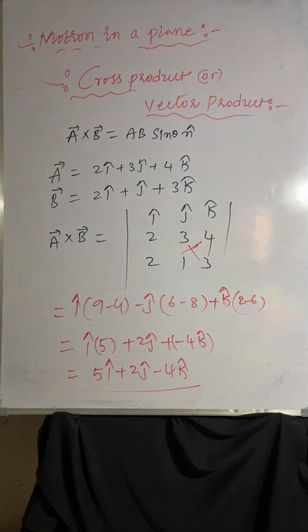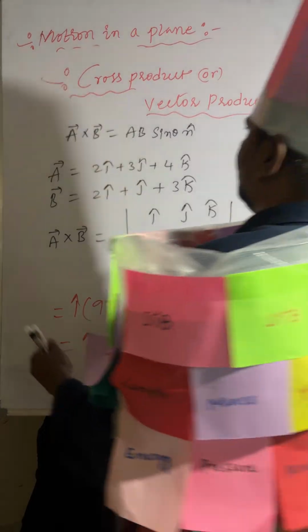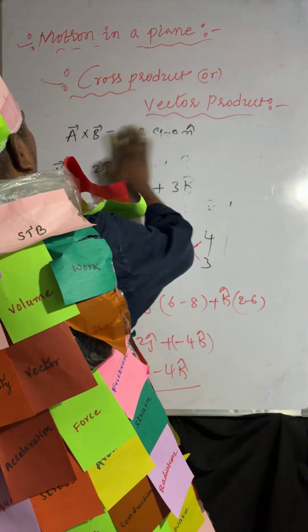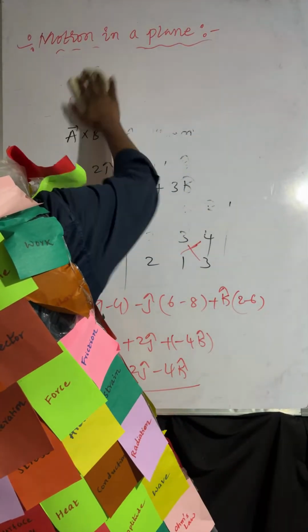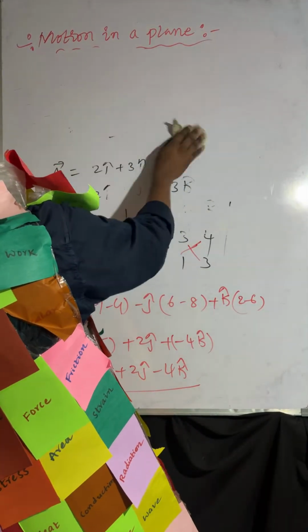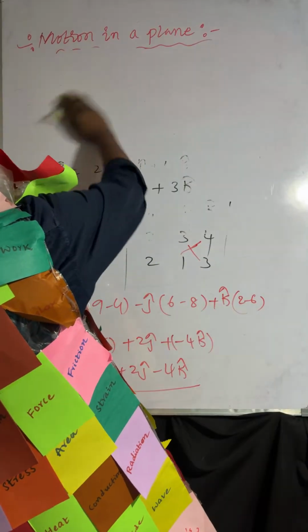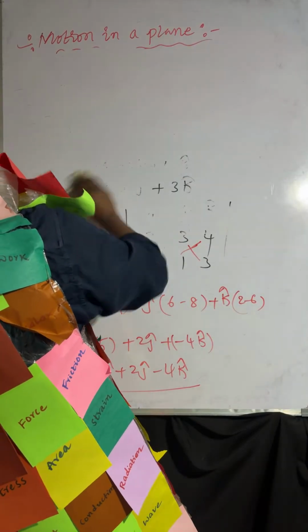Next, you got the vector and scalar products, so that is completed. Now we'll discuss projectile motion.